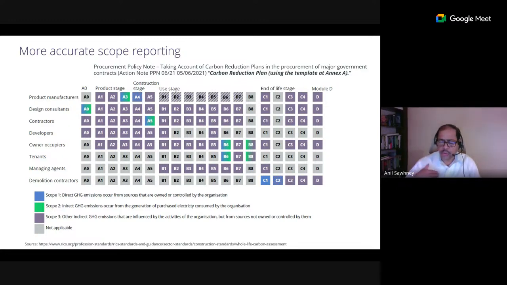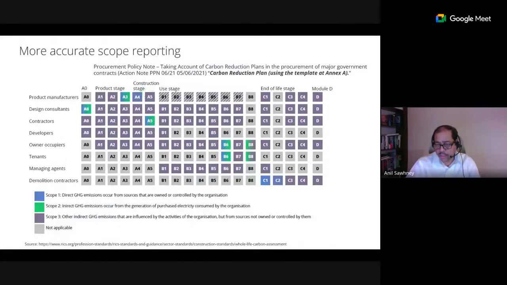Construction stage, because you are the ready mix plant, you send a transit mixer, it's owned by you, so you can report the emissions. So it's not very clear, and that's what it's showing here, that it can go into scope 1 or scope 3. So it can be supply chain or your own. A5 is all scope 3.